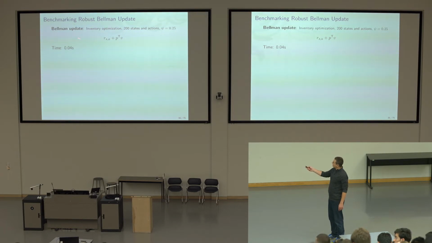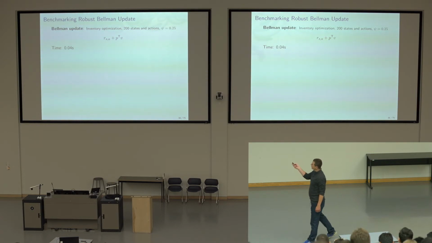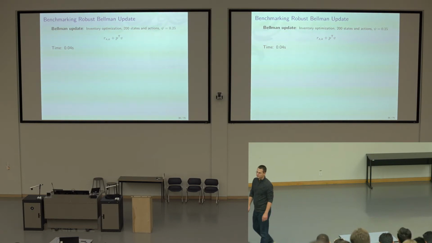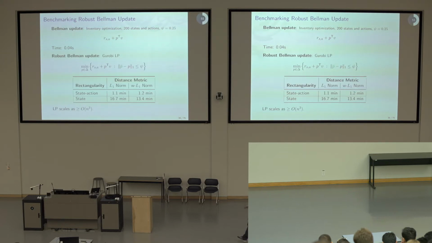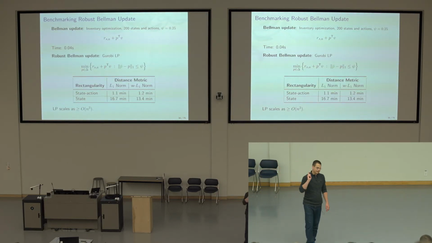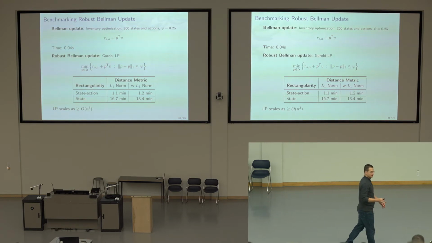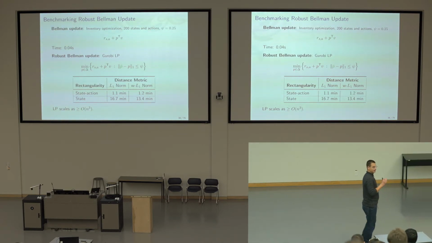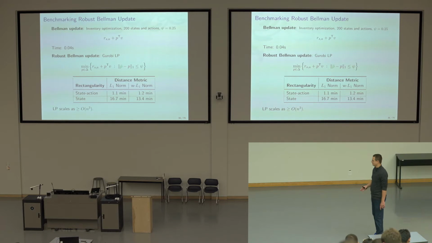So I have a very simple benchmark problem with 200 states, 200 actions. It's this inventory optimization problem. I look how long it takes me to compute a Bellman update. It's 0.04 of a second, so pretty quick. I now formulate this as a linear program, use Gurobi, which is a very powerful, very expensive linear programming solver.